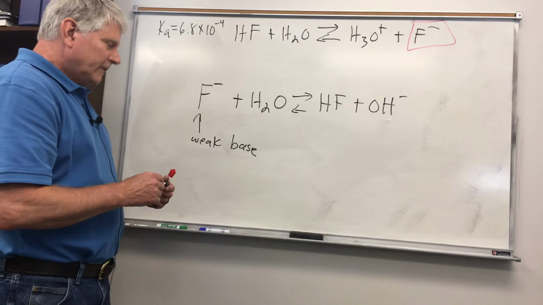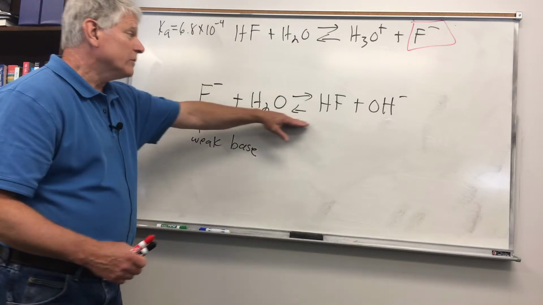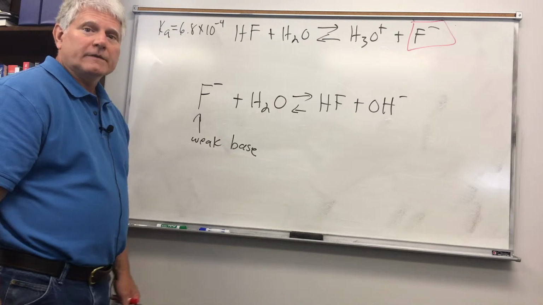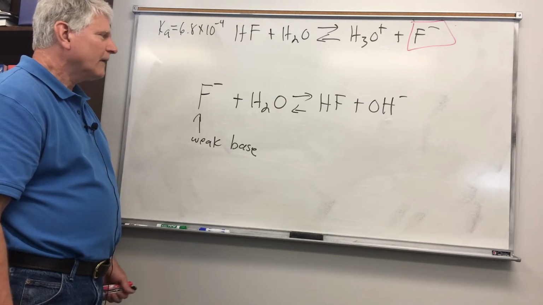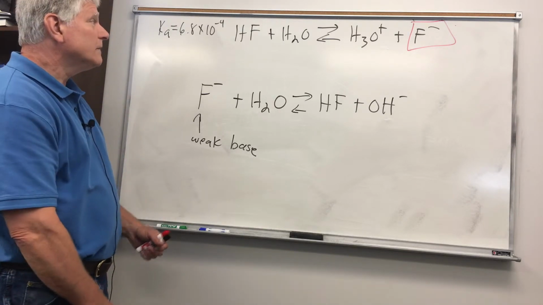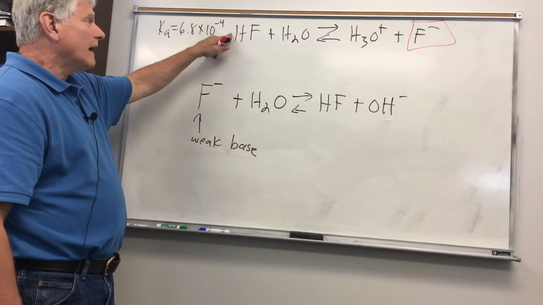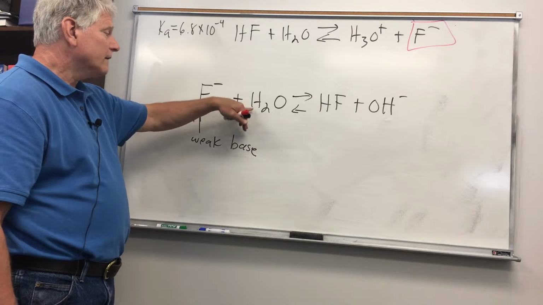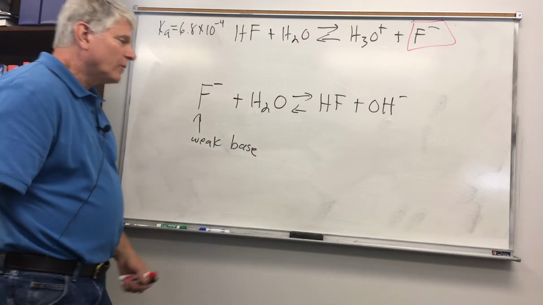Now, how do we know if this reaction actually goes or not? Well, we can look at the equilibrium constant of this reaction. And how do we find that? We can use the HF reaction and the autoionization of water to calculate the equilibrium constant for this reaction.